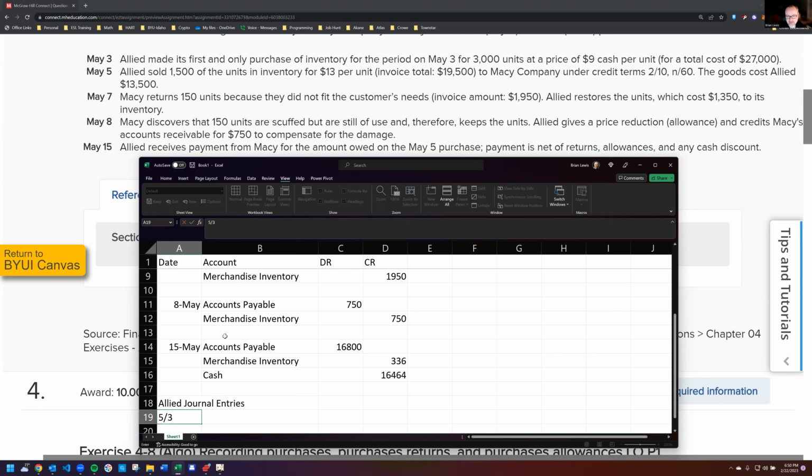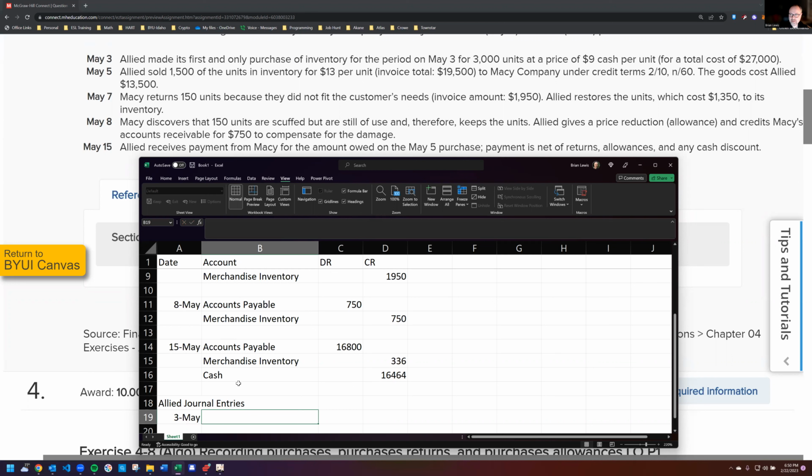Same thing, 5.3. Now on 5.3, Allied made its first purchase at a price of $9 cash, right? So I'm going to assume that it's not on credit.